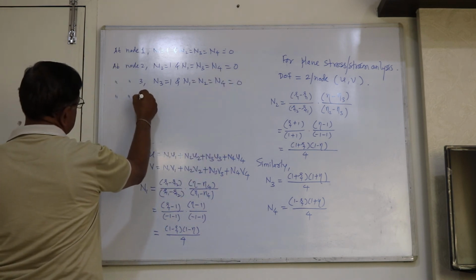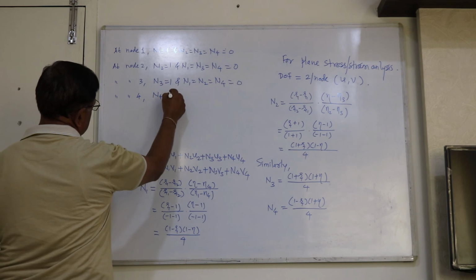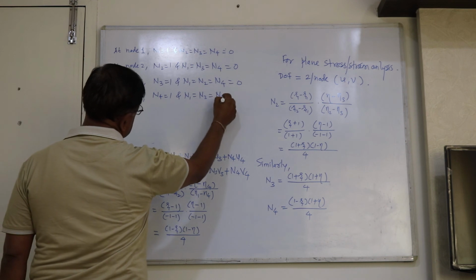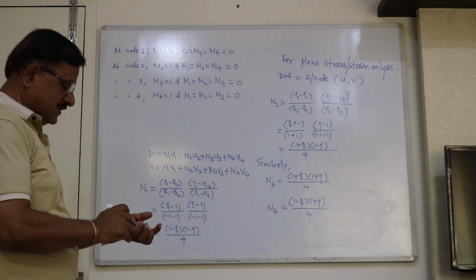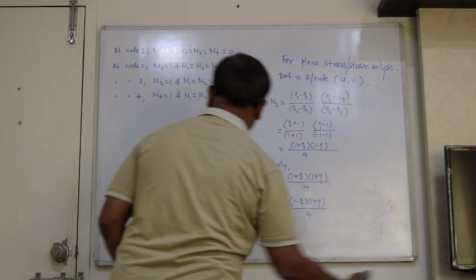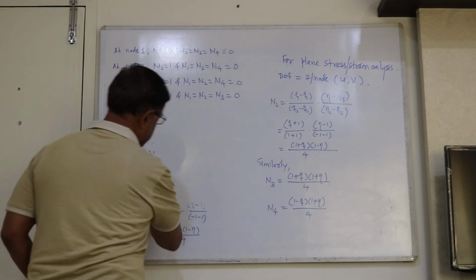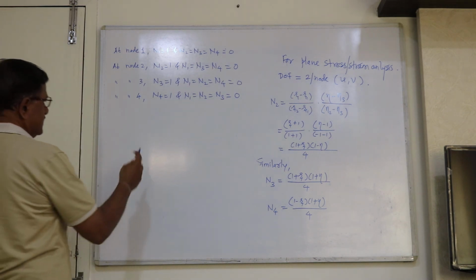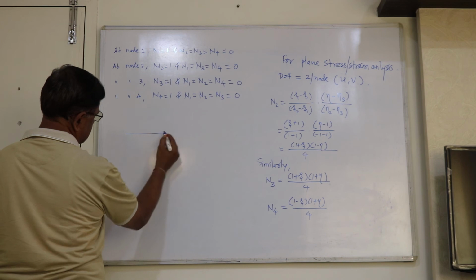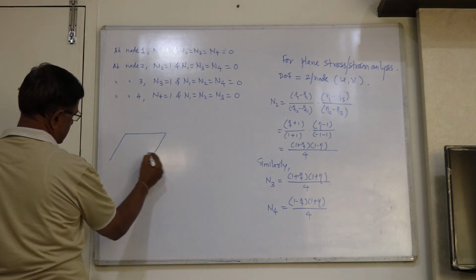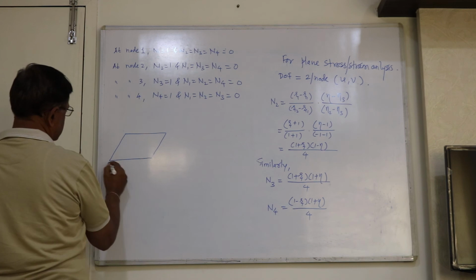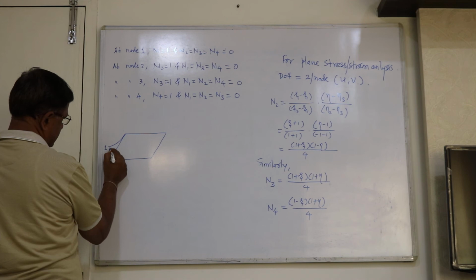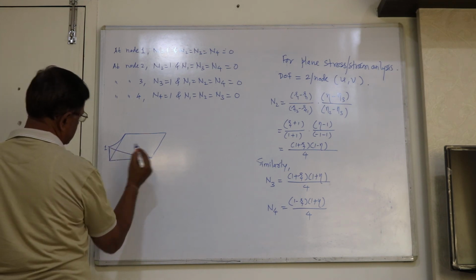And at node 4, N4 is equal to 1, and N1, N2, N3 are 0. Now all these functions we can plot graphically. So N1 will be like this. This is N1, which has unit value at its own node and 0 at all other nodes.